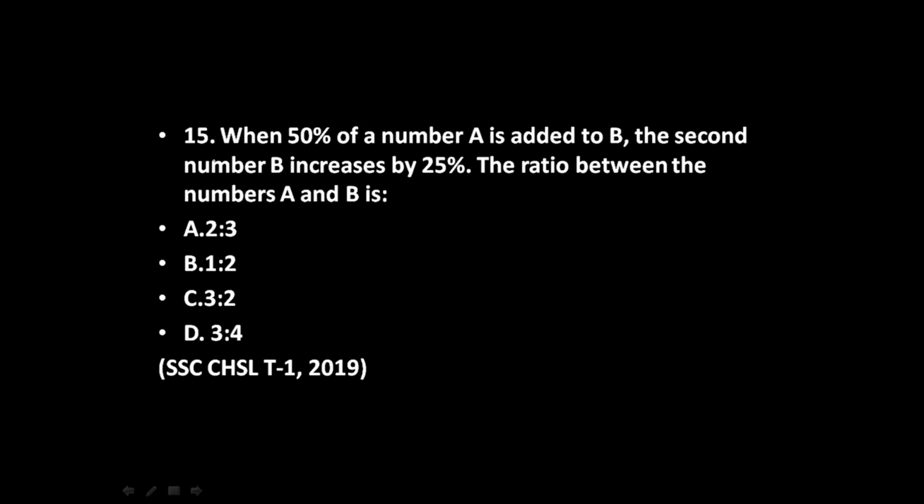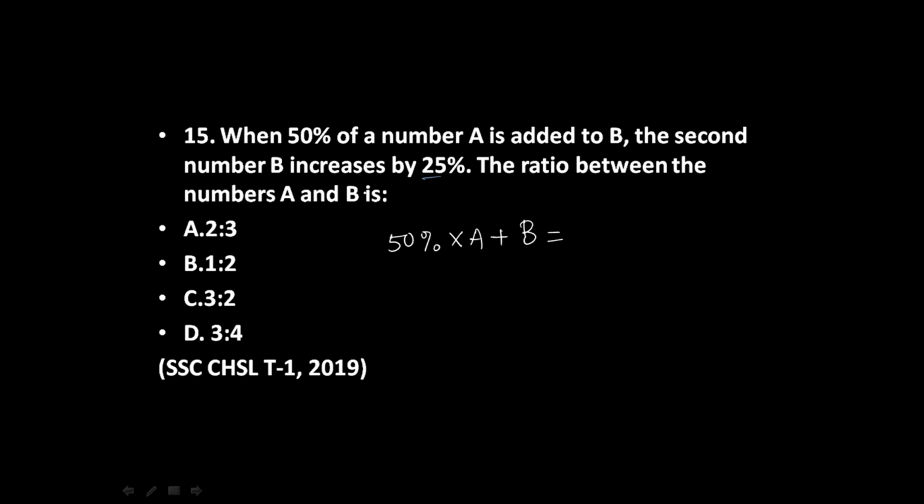Next, 15. When 50% of a number A is added to B, the second number B increases by 25%. The ratio between the numbers A and B is. So how should you solve this kind of problem? You just have to put the data according to the question. It says 50% of A is added to B, which equals the second number.